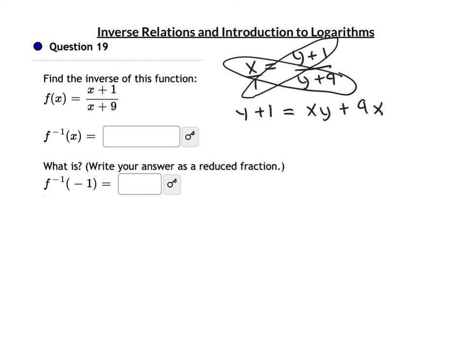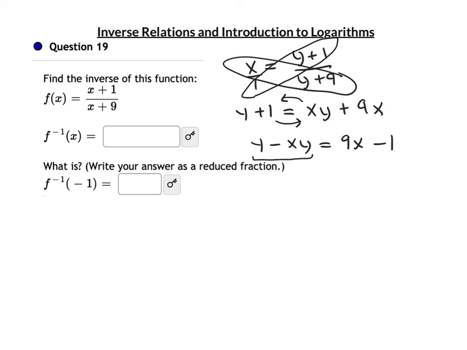Let's get the y's on one side. We'll move the xy over here and move the 1 over on the other side. So subtract xy from both sides. This becomes y minus xy. And subtract 1 from both sides. This becomes 9x minus 1. Notice right here that y is in two terms.